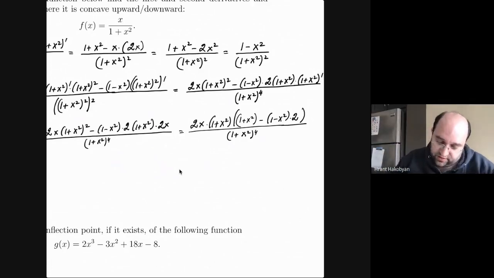So let's simplify this a little bit again. This part here, there is nothing to simplify. I'm going to simplify only this part here.